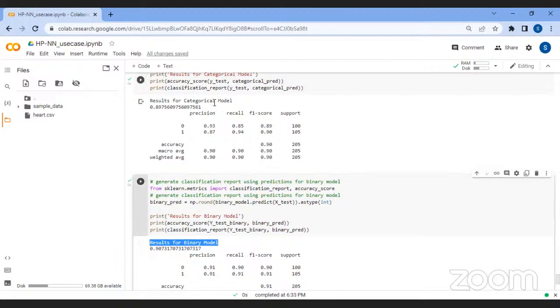In the first case, we took 4 different classes for our results. In the second, binary case, we took only 2 values, heart disease and no heart disease, and tried to find our prediction. The accuracy was higher in the binary model.